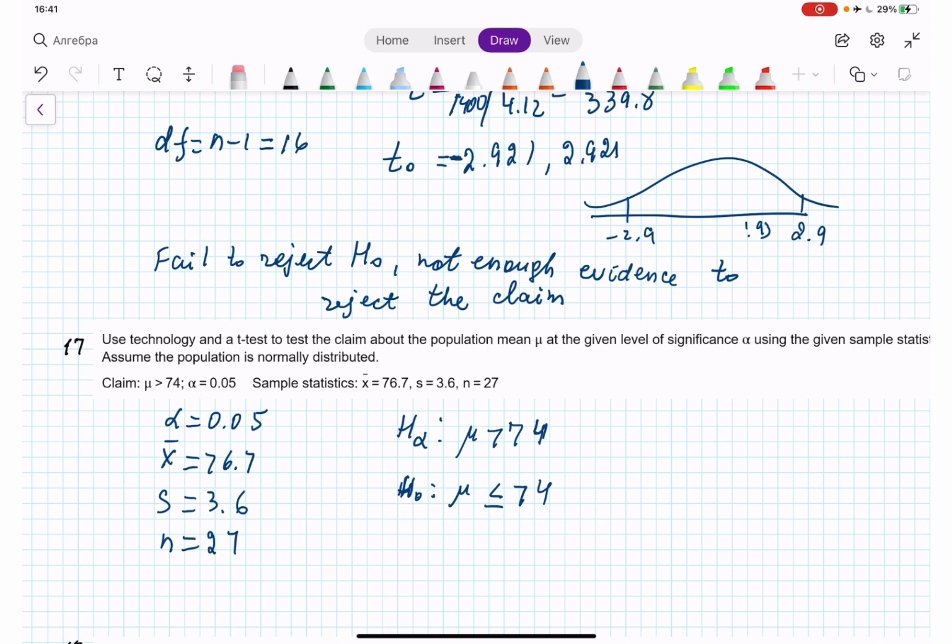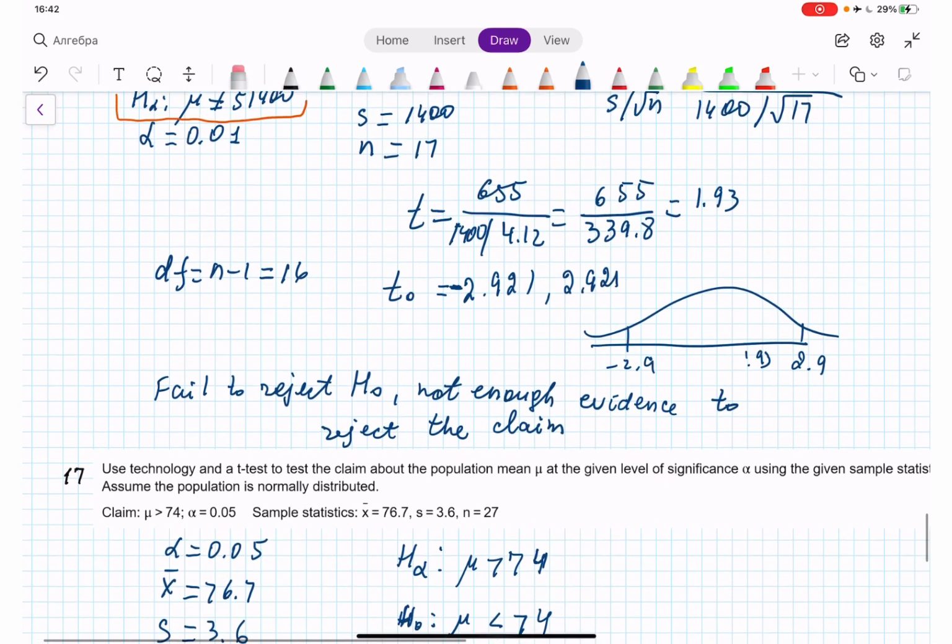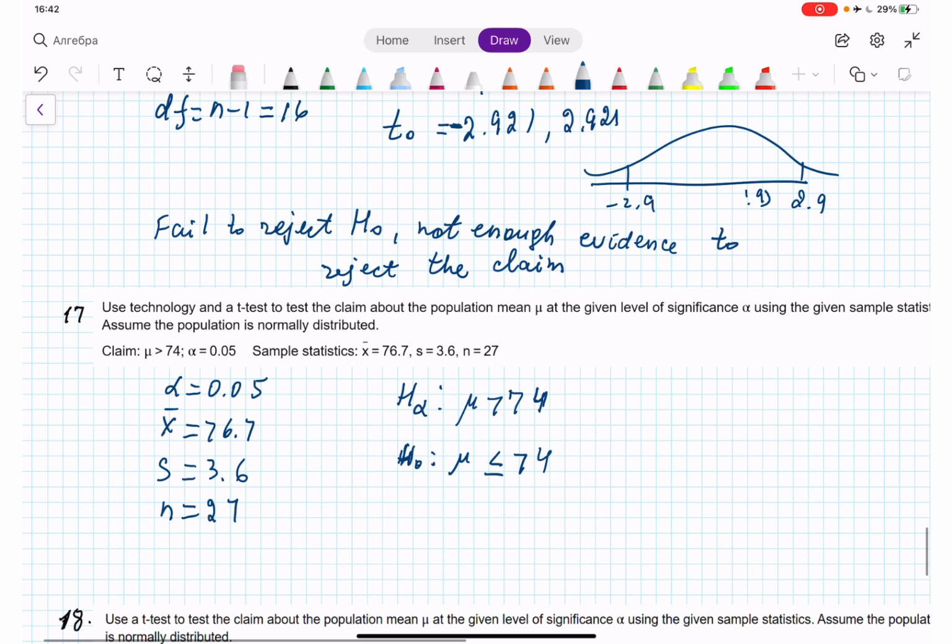Okay, so let's start working on this case. We need to find the standardized test statistic, right? So it's going to be t standardized, equal to X bar minus mu over S divided by the square root of n.